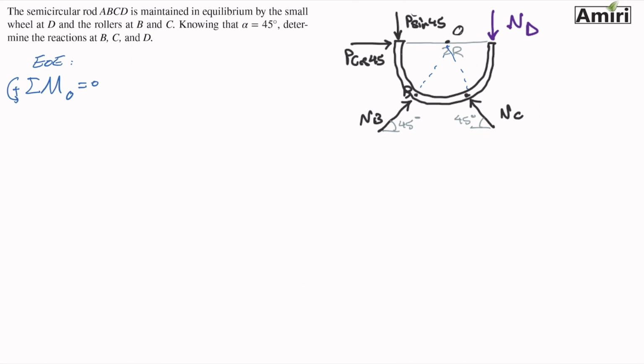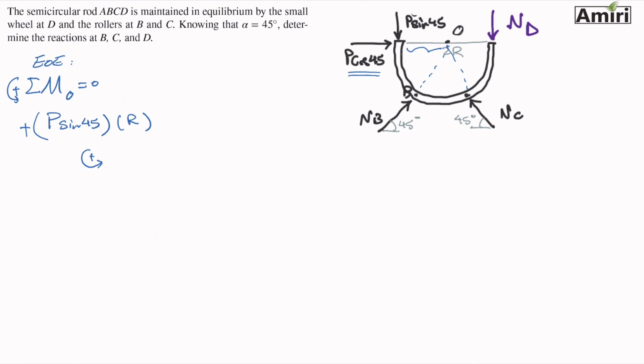So summation of moments about point O should be 0. P cosine 45 passes through point O, I don't have to worry about it. P sine 45, however, has an arm of R to point O. Trying to rotate this way, it is with my sign, so that's positive.